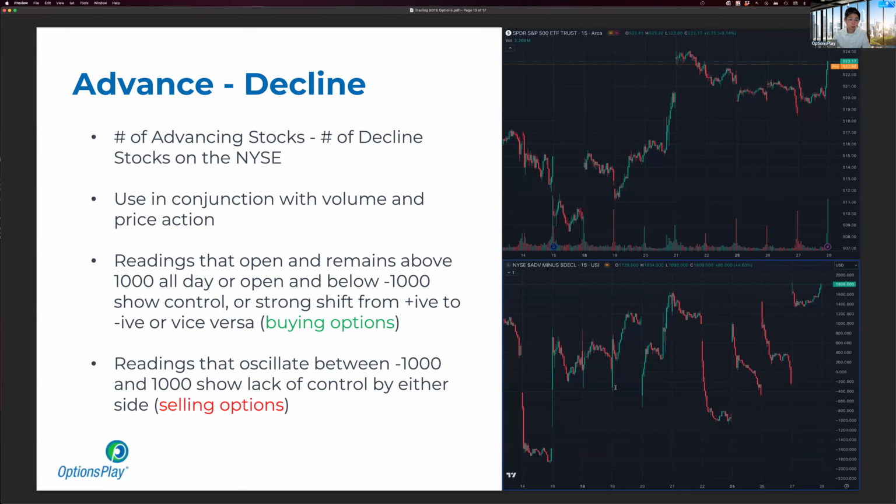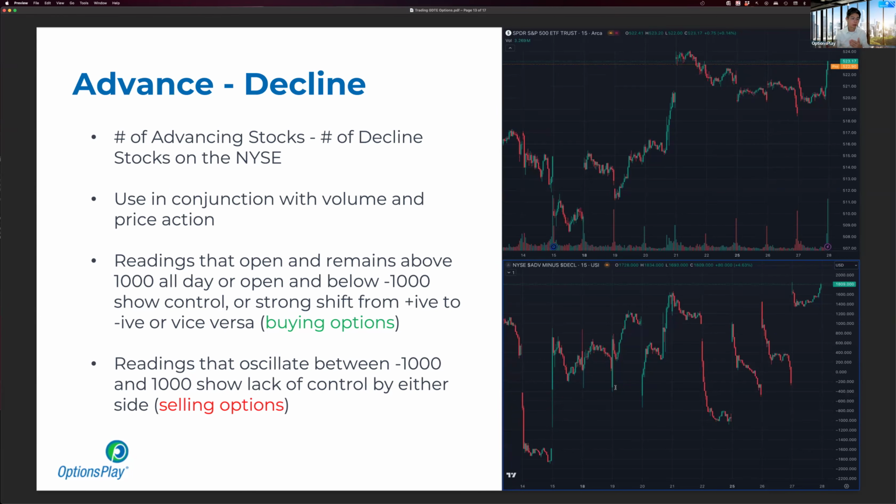The difference between tick and advance decline is that advance decline measures whether a stock is up or down from the start of the day, versus the tick is literally what the current tick is. So it's very chaotic. What was the last tick? Did the stock tick higher in the last tick, or did it tick lower? Versus advance decline is saying, how many stocks are up on the day versus how many stocks are down on the day, and we're subtracting one from the other.